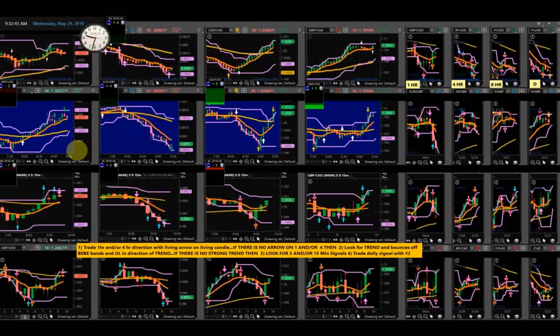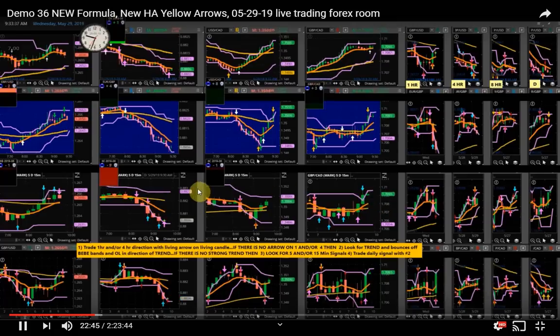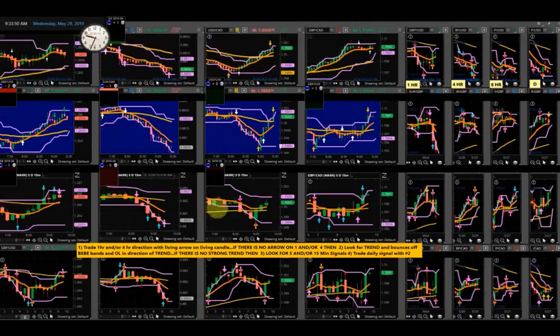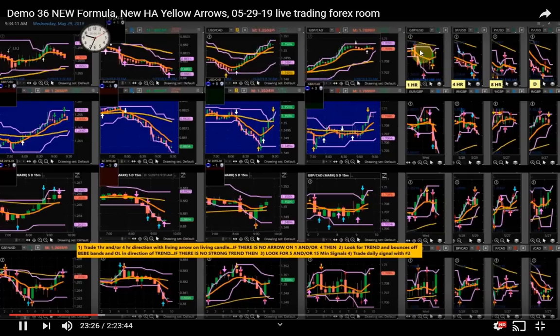Yeah, there's that extra little push from the GCAD, you see. Just pushed it outside the BB bands. You see, to me, the GU at this point would be a number 2 because the trend is still down on 1 and 4s.